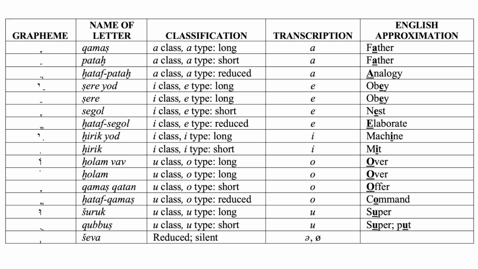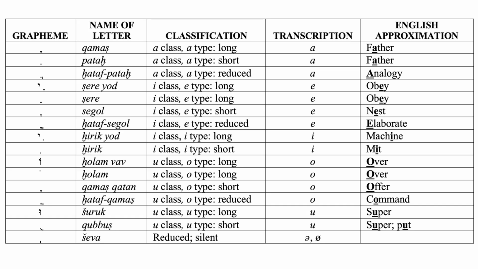For now, it's enough that when we want to Latinize or transliterate, to render into Latin characters, the kamatz, we're just going to use an A. Now, the English approximation, as you can see here, is the ah sound, like in father. And that is how it's pronounced in the modern Israeli pronunciation system.